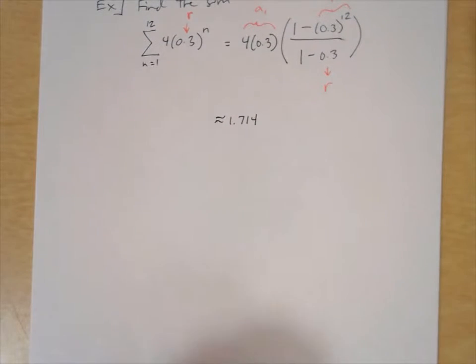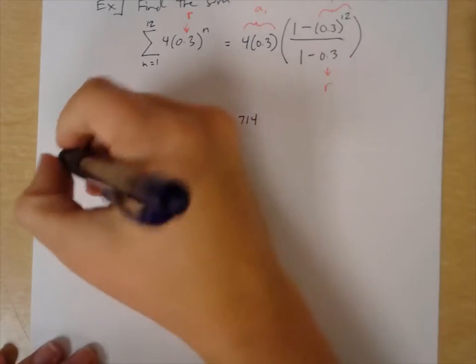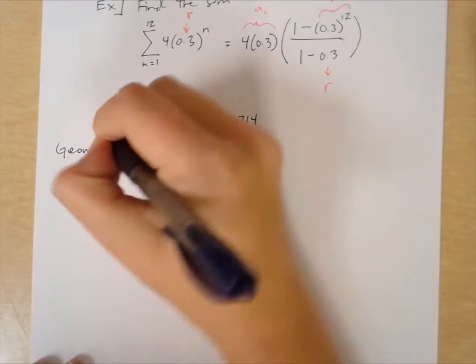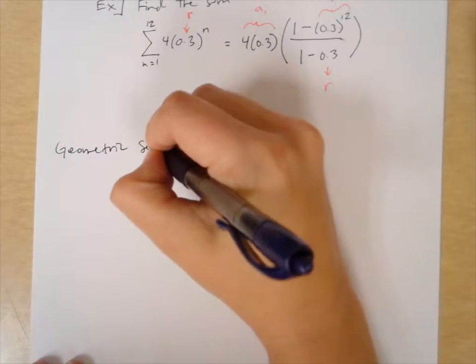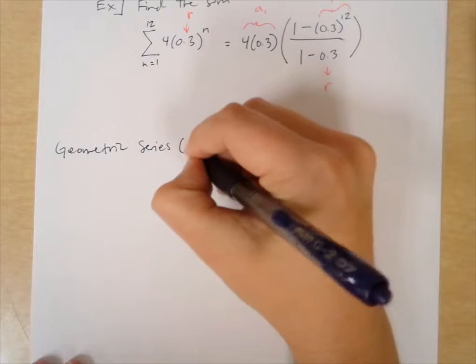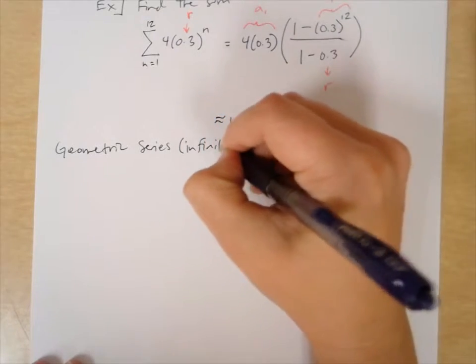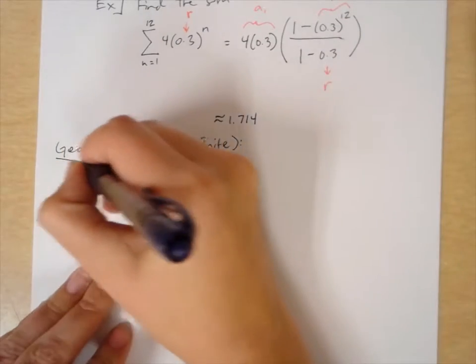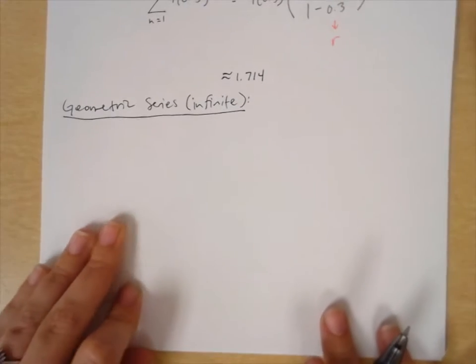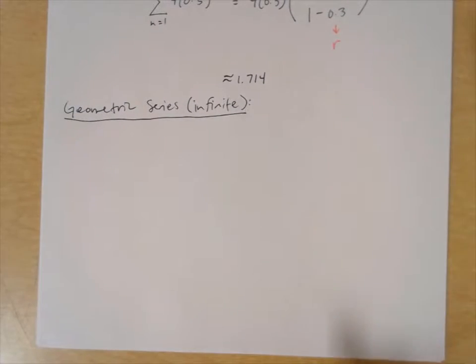Now, let's talk about when things get a little bit different, when we're talking not about finite geometric sequences, but infinite. So the next topic is geometric series. And in parentheses, I'm going to write the word infinite just so we don't forget that that's what we're dealing with here. Geometric series, and we're talking about infinite things.